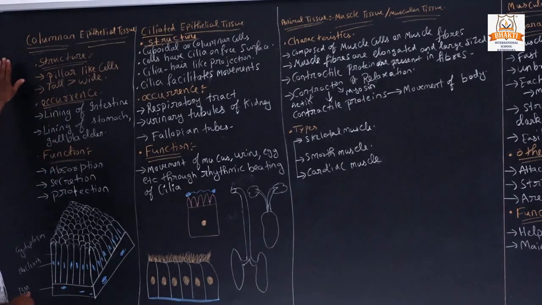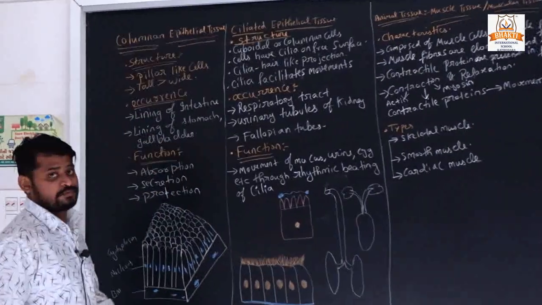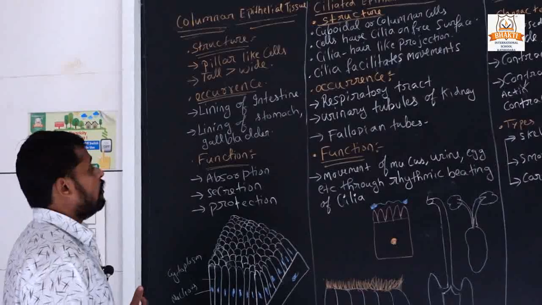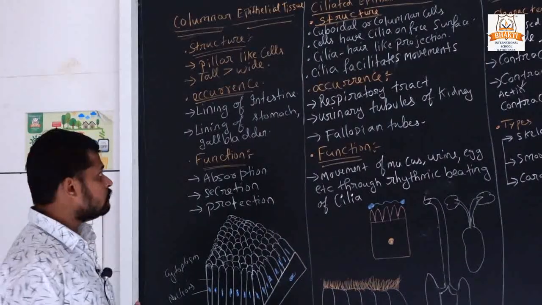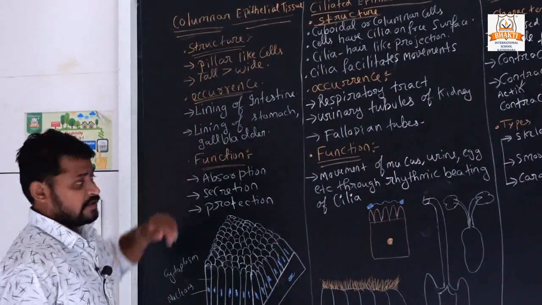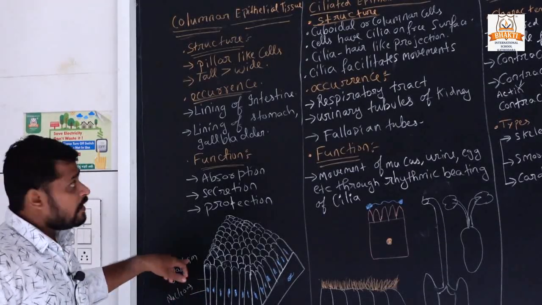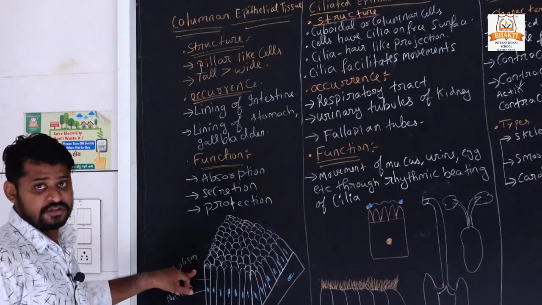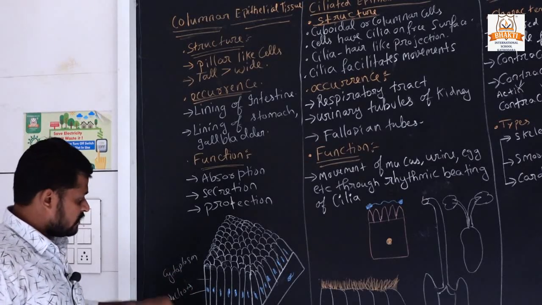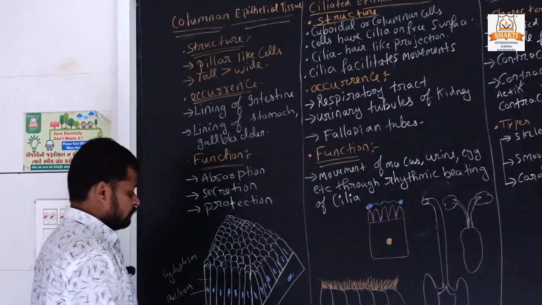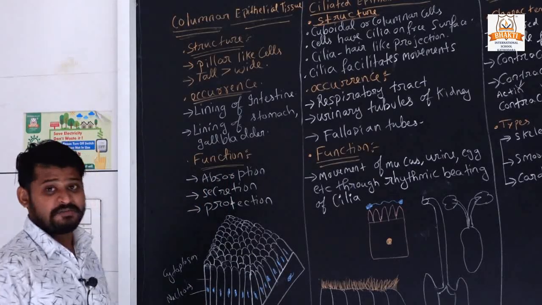Now the third type of epithelial tissue is columnar epithelial tissue. What is the structure of columnar epithelial tissue? It has pillar like cells. You will see here, this is columnar epithelial tissue. What is meant by columnar?